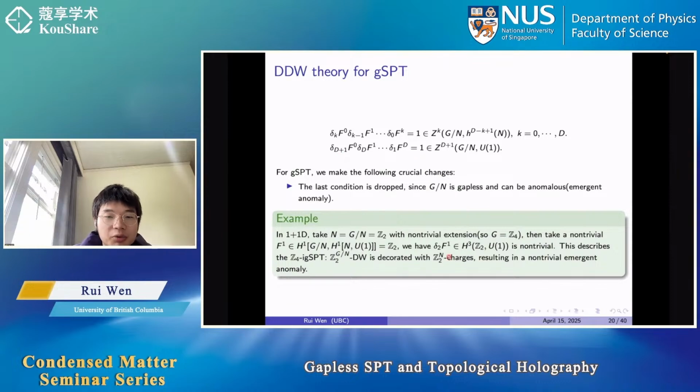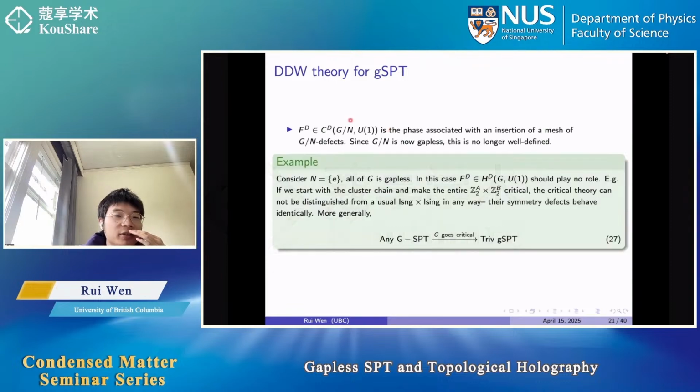So it's a non-trivial 3-cocycle of Z2. And so this describes the Z4 gSPT that we just discussed before. So the Z2 G over N domain wall is decorated with Z2 N charges, and this results in a non-trivial emergent anomaly. Right, so this shows that for gapless SPT, we definitely do not want this condition.